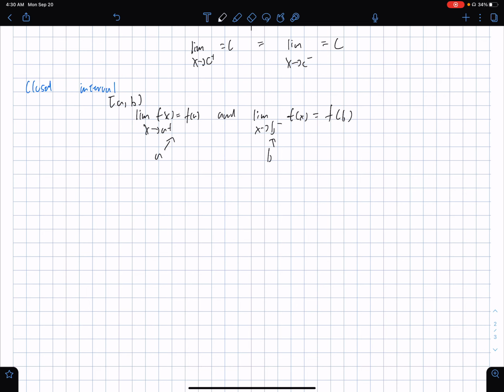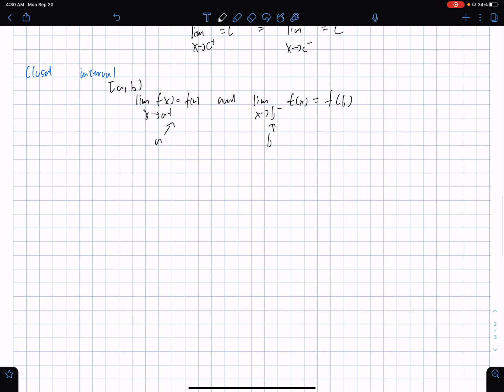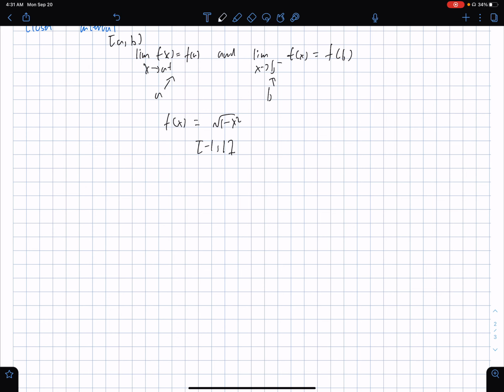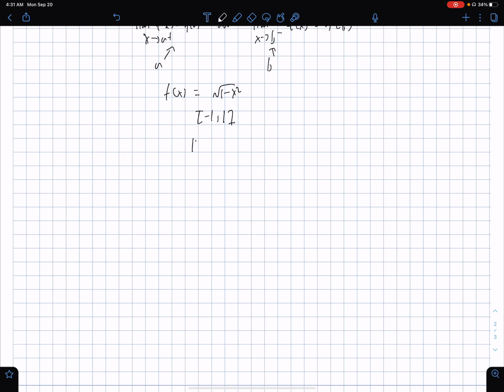And this is important for a wide variety of theorems, and I'll give an example here. So say we want to find out if this function is continuous or not on the closed interval of -1 and 1. We can evaluate the limit, which is the limit as x approaches -1 of the square root of 1 minus x squared equals 0, right?